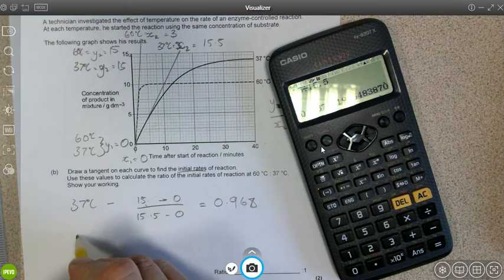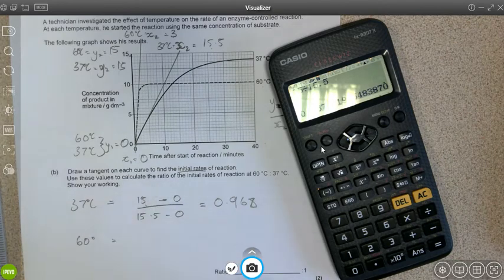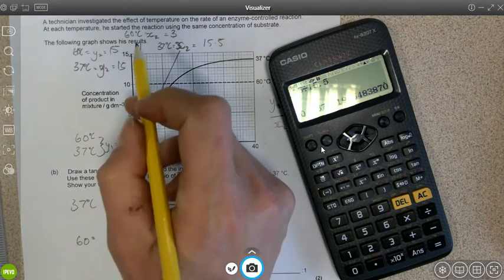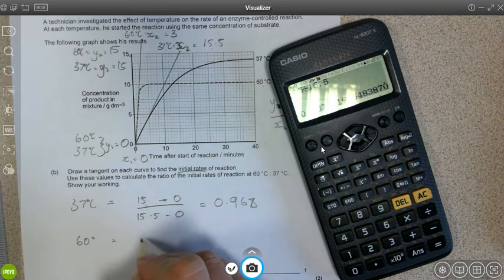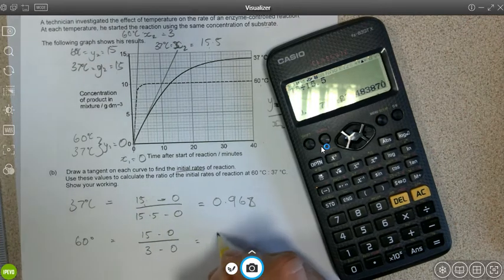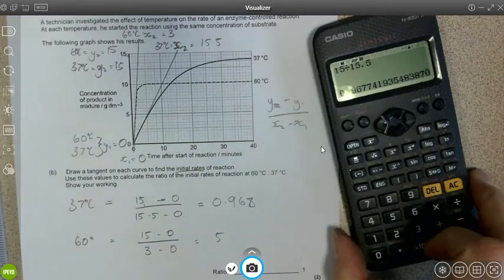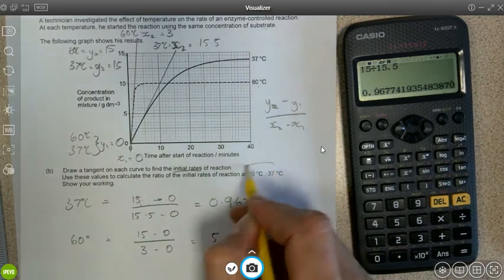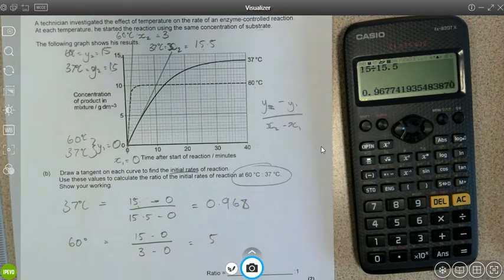Okay, for 60 degrees, the final value for Y, so Y2 was 15, 0 again, this time 3 minus 0. Even I can do that. It's 5. Okay, now this is a ratio. It wants to know the ratio of the rates 60 degrees to 37 degrees.